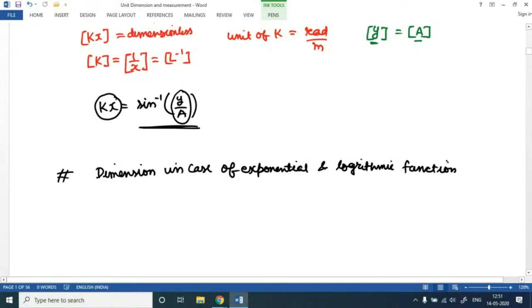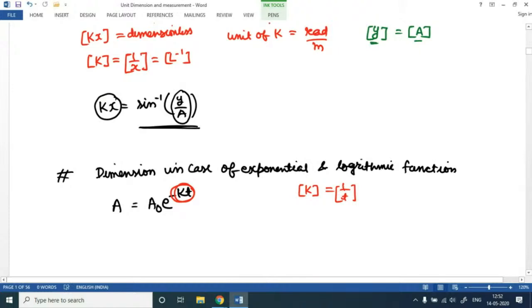So if we have something like a is equal to a naught into e to the power minus kt, first of all you should realize that this is the exponent over here. So kt would be unitless and dimensionless. That being said, the dimension of k would be the same as the dimension of 1 by t, and the unit of k would be the same as the unit of 1 by t.